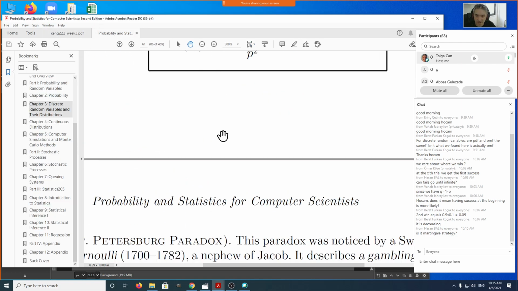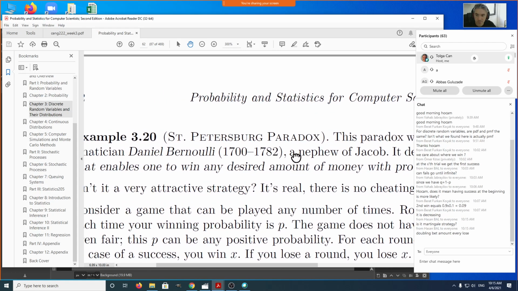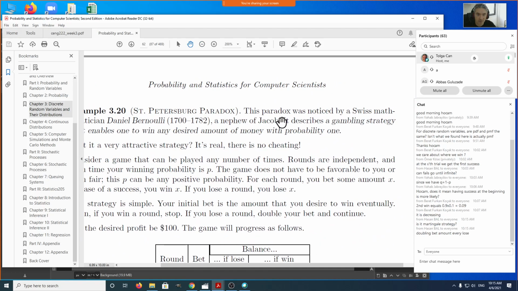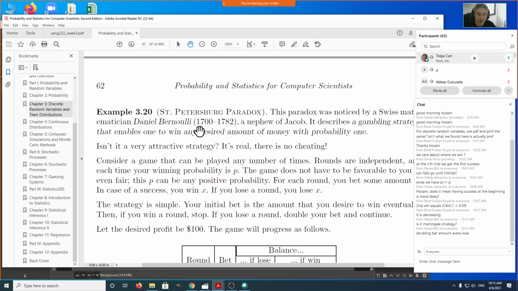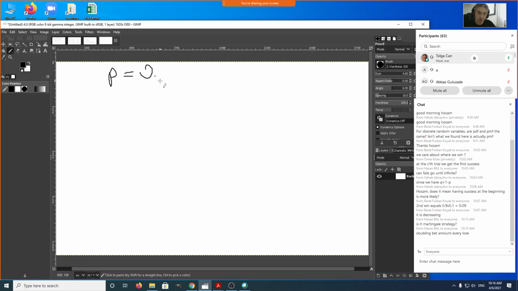It was the Swiss mathematician Daniel Bernoulli who noticed this paradox. Maybe it's that, doubling the bet amount every loss. Exactly, it's that same strategy. Maybe Martingale found the strategy before Daniel Bernoulli, but this is how they figured it out mathematically.